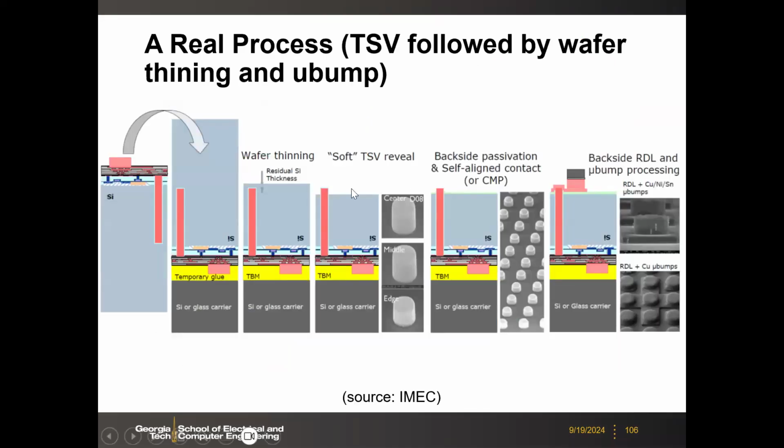Okay, so here is a real process, and this is more to scale. For example, you have your chip already fabricated, with the front-end line and back-end line interconnects. And then you have this trench pre-filled with some metal, like copper. And then you need to flip the wafer down, and have some carrier to hold the wafer, with some glue. And then you do the thinning from the top.